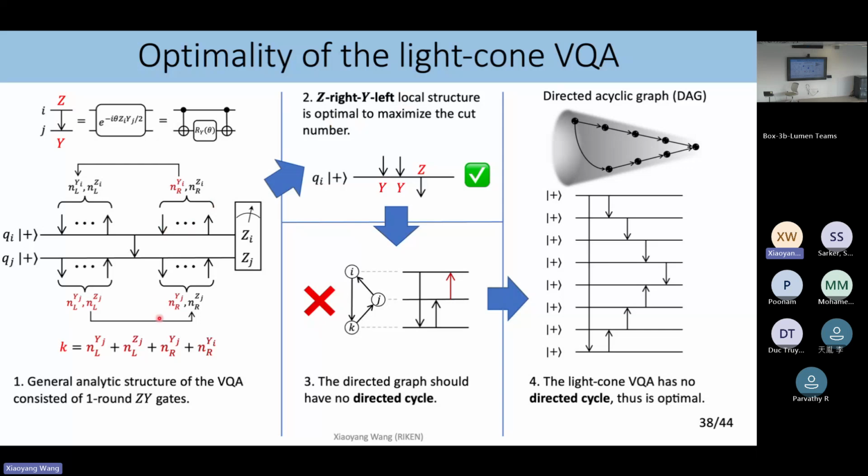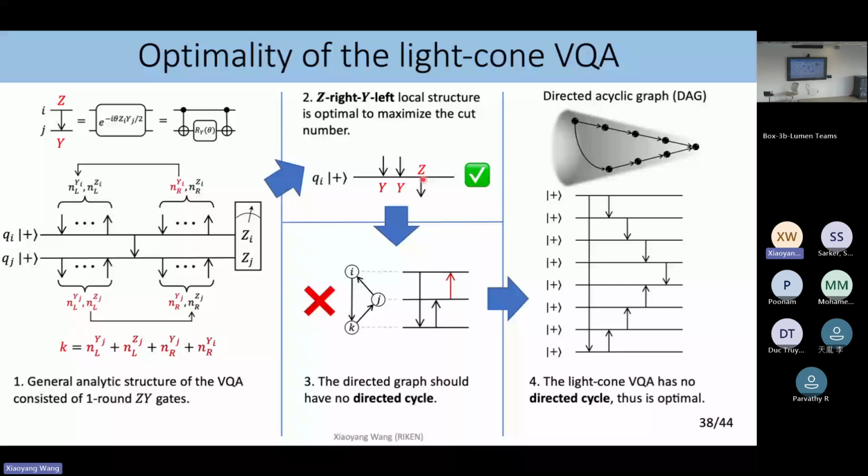The reasoning starts from an arbitrary arrangement of the quantum gates. In our article we show that if we want the highest performance guarantee, the ZY gate should be arranged with Z right, Y left order, which means that for each qubit, the Y operator should be arranged on the left-hand side of the Z operator.